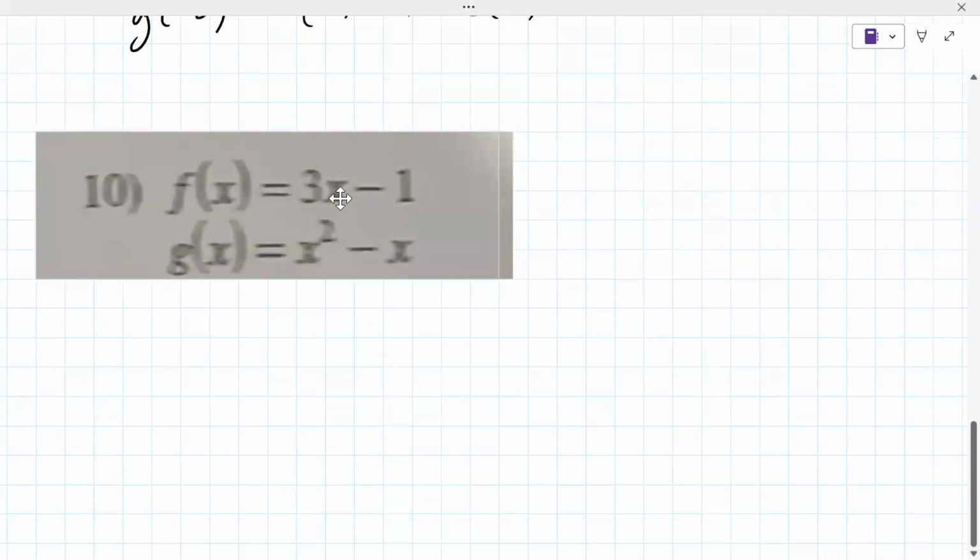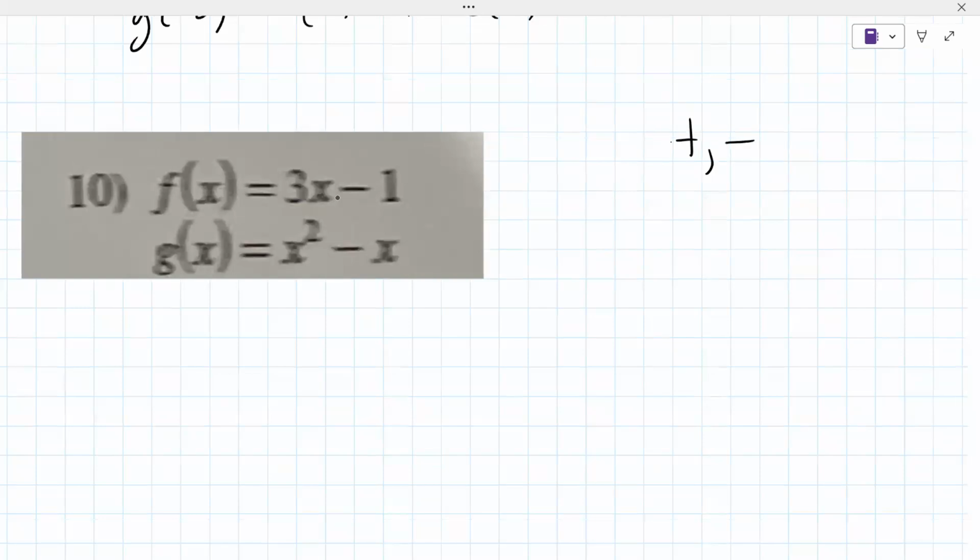Let's continue. Like I said, there are four function operations that you could be asked to find: add, subtract, multiply, and divide. So I want you to find f of -1 times g of -1.